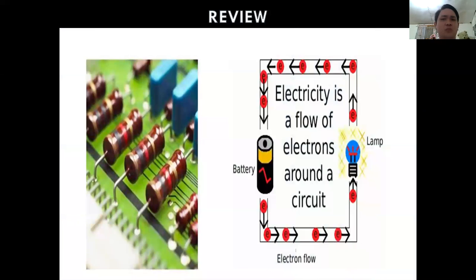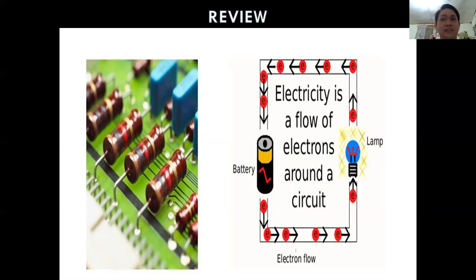So now, to start, let's have a review first about what we had just learned last week. So last week, we talked about electricity, and we defined electricity as a flow of electrons around the circuit. So we need a complete circuit in order to produce an electric current or to produce electricity.